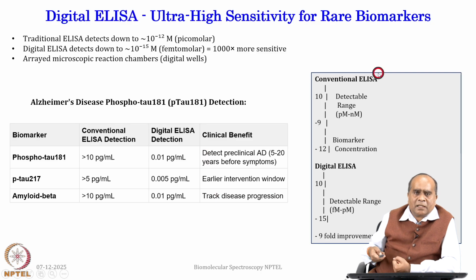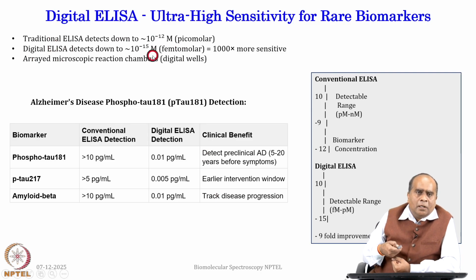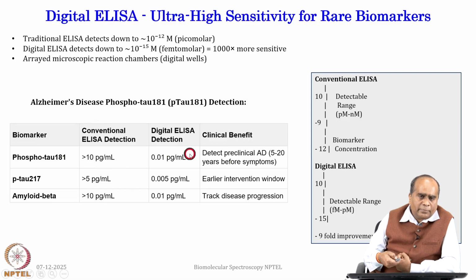Similarly, digital ELISA can be done; it is highly sensitive and can detect rare biomarkers. Traditional ELISA detects about 10 to the power -12, picomolar, but digital ELISA can go up to femtomolar. So, it is 1000 times more sensitive, essentially, like for somebody suffering from Alzheimer's.